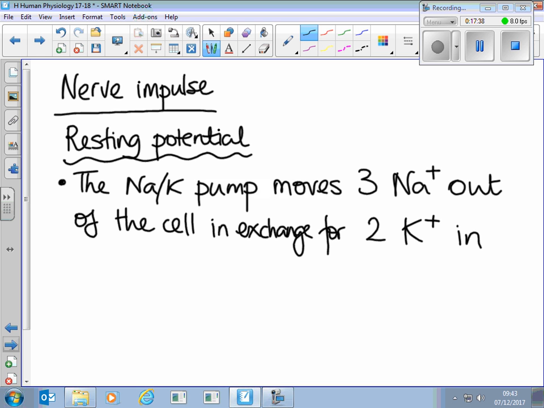Right? Now, they've both got a single positive charge, but if we're moving 3 out and 2 in, where are we going to have the most positive charge? Outside at this point. So, yeah, that's a start, and this is sort of where we end up.